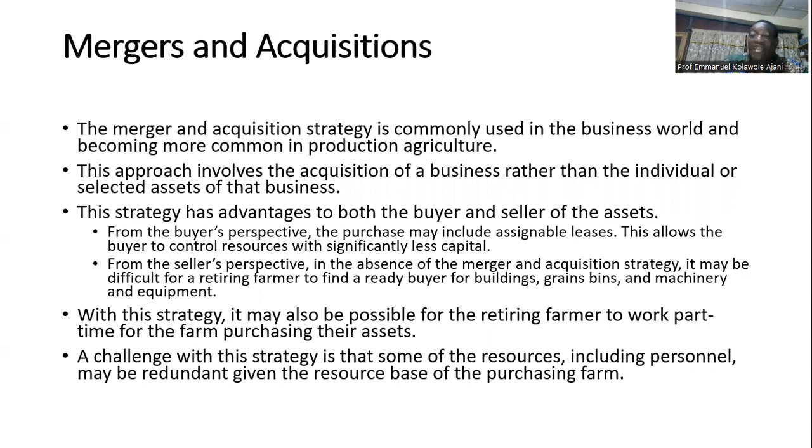And this strategy has advantages to both the buyer and the seller of the asset. The advantage to the buyer is that the purchase may include an assignable lease. This allows the buyer to control resources with significantly less capital.